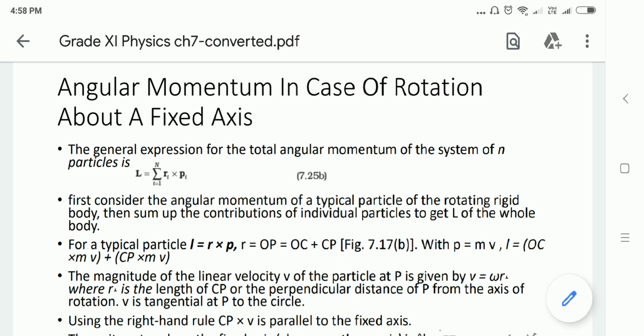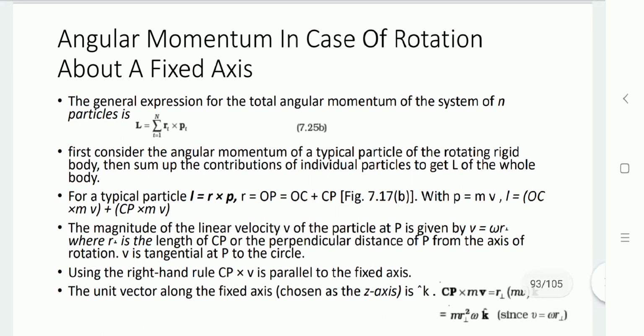Let us take the right hand rule: CP cross v is parallel to the axis, and the unit vector along its fixed axis, that is along the Z axis, is k caret. So CP cross mv equals r perpendicular m v into k caret, that is m r perpendicular squared omega k caret, since v equals omega r perpendicular.